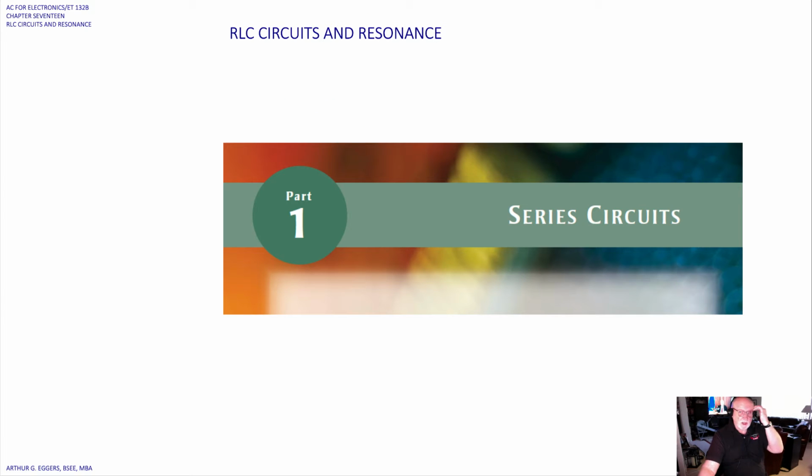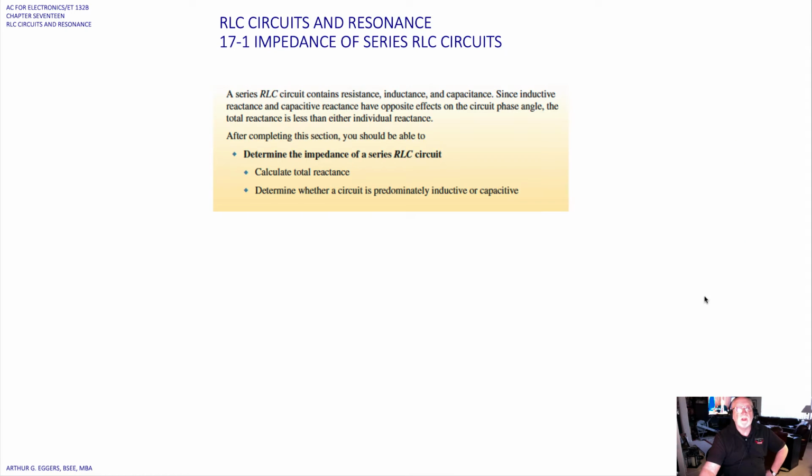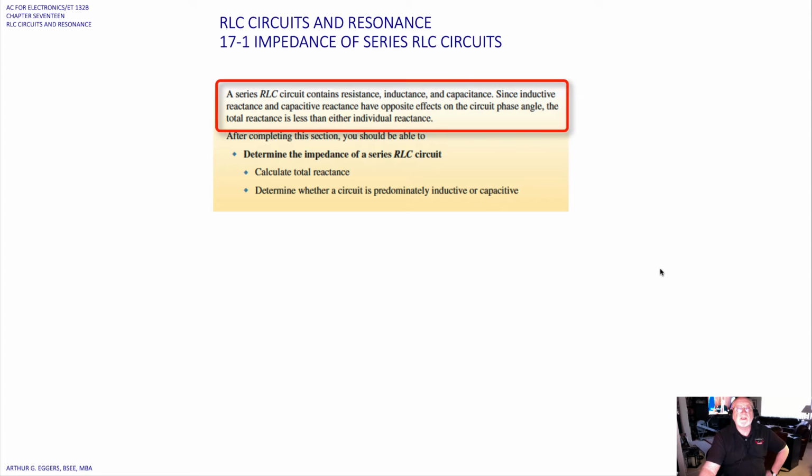So the first section that we're going to look at is, again, the series circuit. So we're just going to step our way through it. In a series RLC circuit, it contains a resistor, an inductor, and a capacitor, or multiple elements.